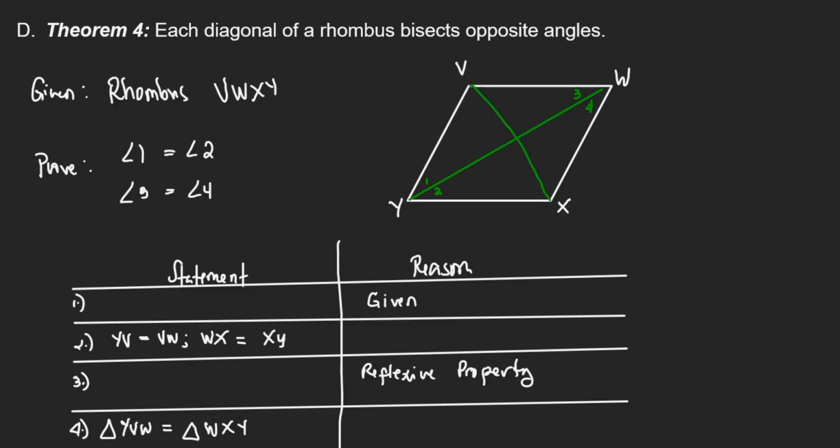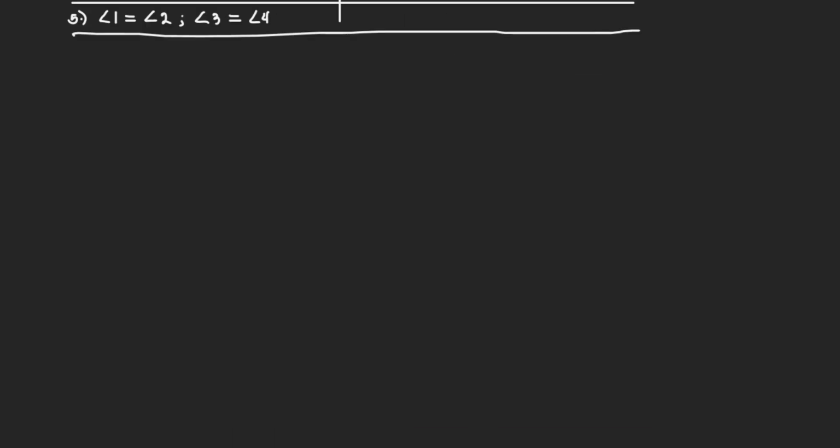Again, theorem number 4 states that each diagonal of a rhombus bisects opposite angles. Given a rhombus VWXY, we have to prove that angle 1 is equal to angle 2 and angle 3 is also equal to angle 4. So we have here the statement and also the reason.